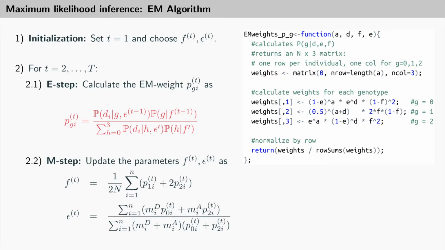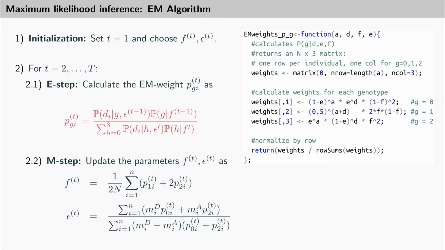We have to realize that the weights P_Gi have to be calculated for all combinations of genotypes and individuals. This is why this function returns a matrix with one row per individual and one column for each of the three genotypes. We can then fill in those weights for each genotype separately.